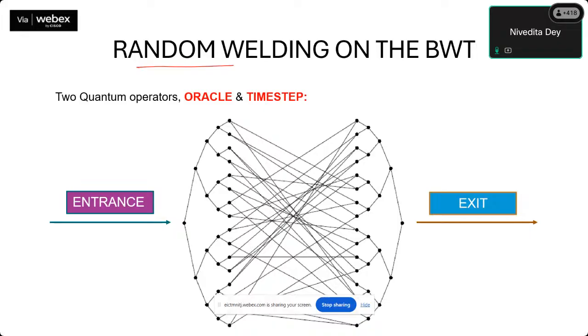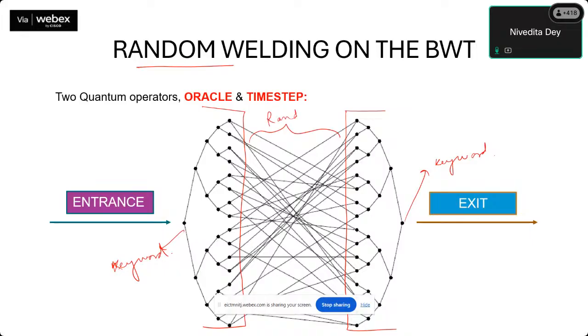Here there are two search trees. This is one search tree, and this is another search tree. This is one keyword, and this is another keyword. These parts are the random welding. So how do we establish that? What should be the best welding?